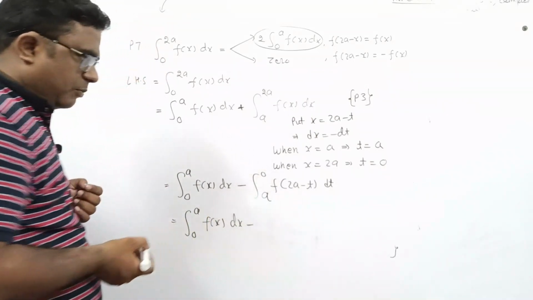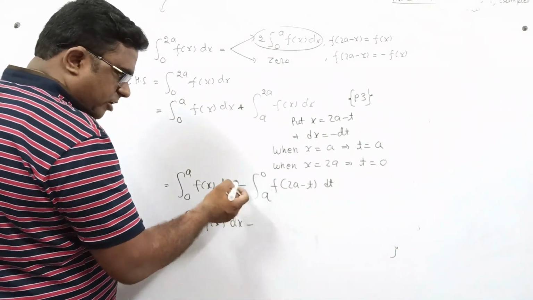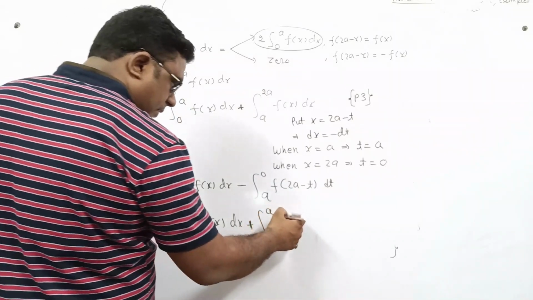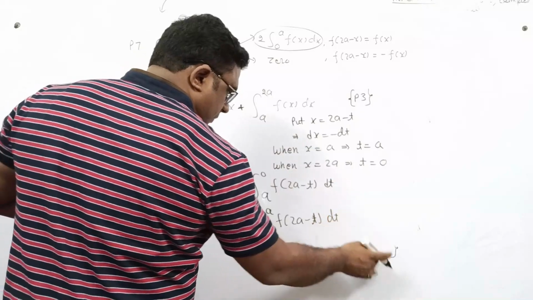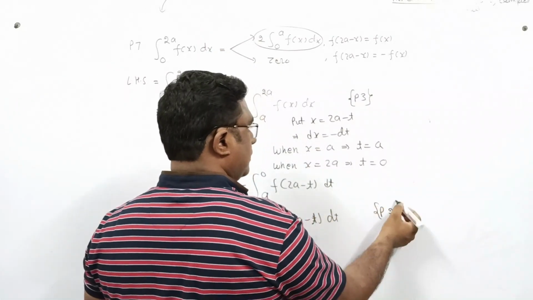Now let us apply property number 2. By that I will interchange the limits and change this sign. So plus integral 0 to a f(2a - t) dt. We have used property number 2 here.